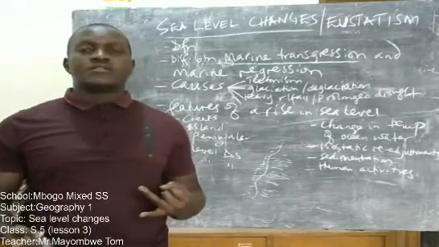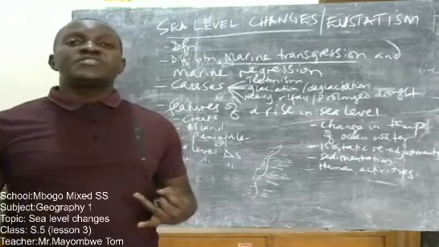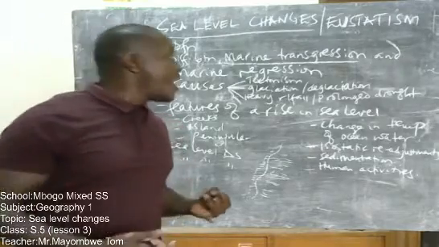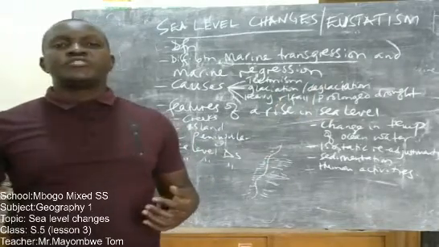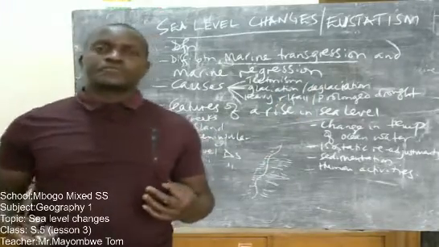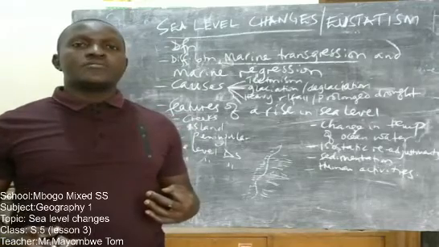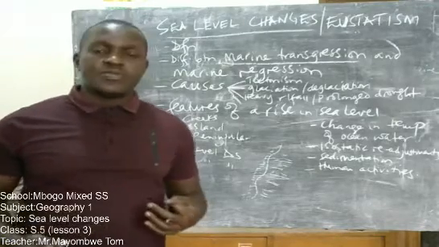What causes that? These positive sea level changes may be caused by deglaciation, an increase in the temperature of the ocean water. They may be caused by sedimentation, among others.